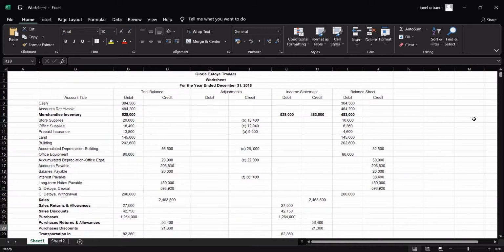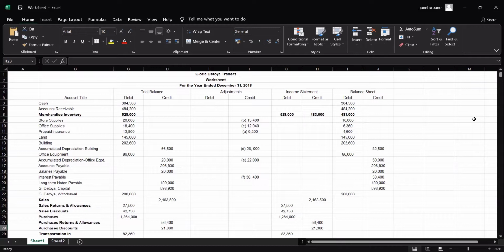Yung accumulated depreciation, that is a contra account. Tapos office equipment, asset; accumulated depreciation, office equipment is a contra account; accounts payable, salaries, interest, long term notes payable. Tapos, yung tatlong yun are liabilities.